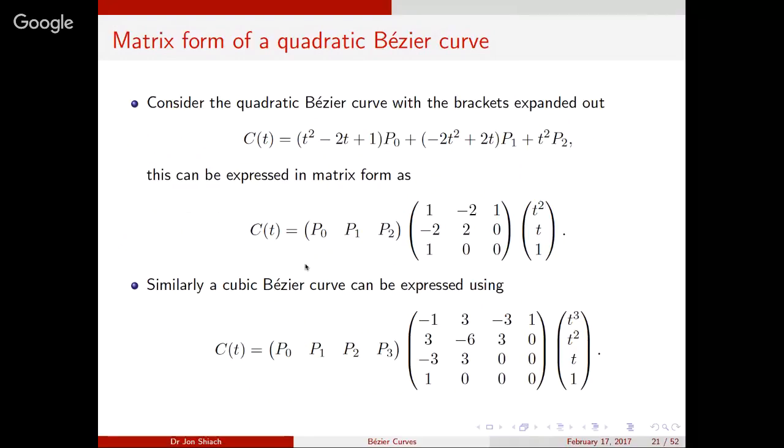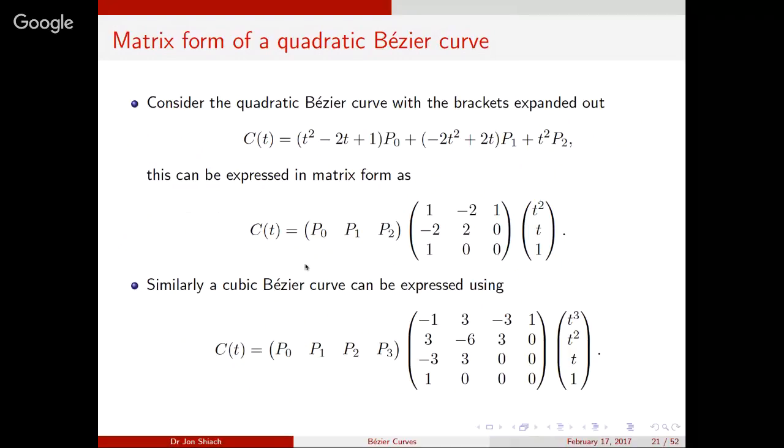So that's 1, minus 2, 1, then minus 2 and 2, and nothing, so we don't have a scalar there. And finally, we've got 1 times t squared plus 0 times t plus 0 times 1. So that is exactly the same as saying that.